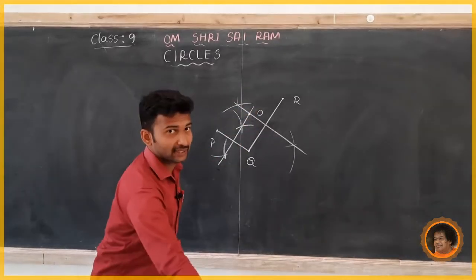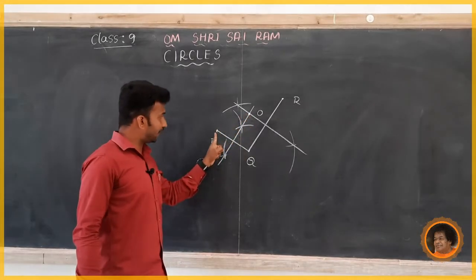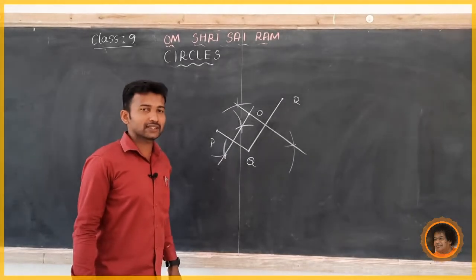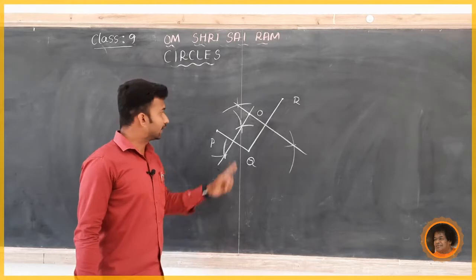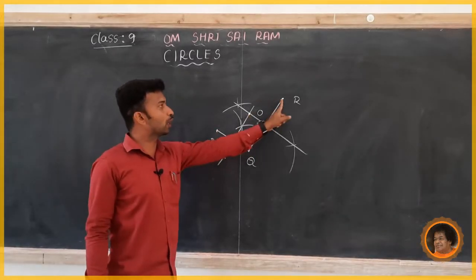Measure the distance from the point O to P, Q and R. The distances are fixed: PO is equal to OQ is equal to OR.